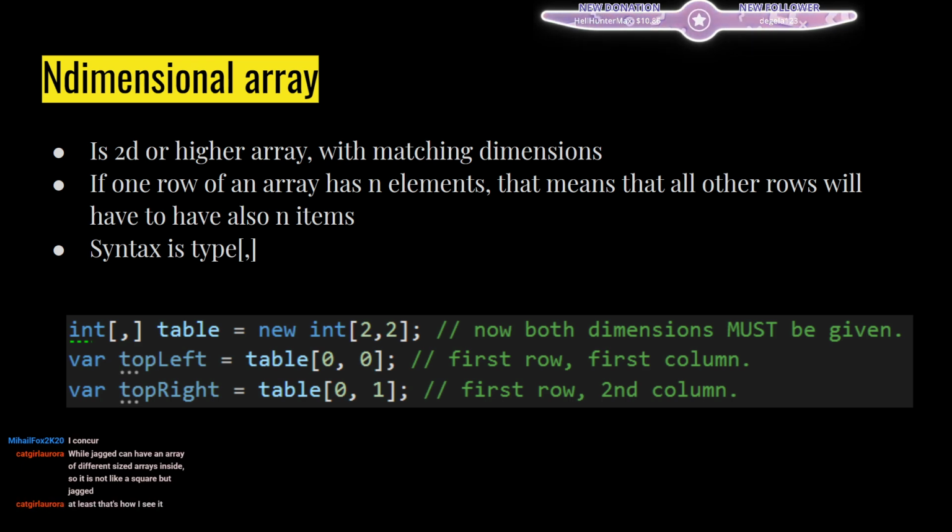Yes, so n-dimensional arrays. When you create them, you need to specify all the dimensions because all rows and all of the dimensions have the same lengths, the same sizes. And the syntax for its definition is this.